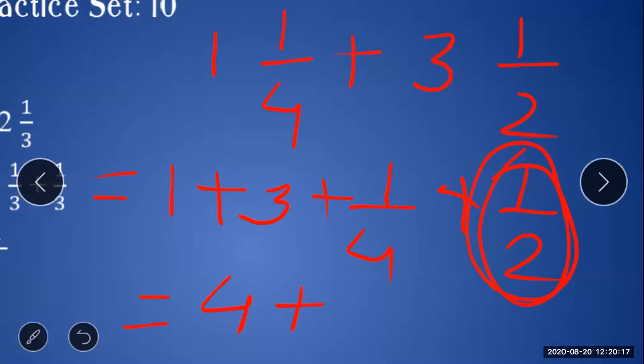But in this situation, where in the table of 2, 4 is coming, we have to change only 1 upon 2. So 1 upon 4 you will write as it is, plus you will multiply 1 upon 2 by 2 upon 2. I hope you have understood. Now next is what?